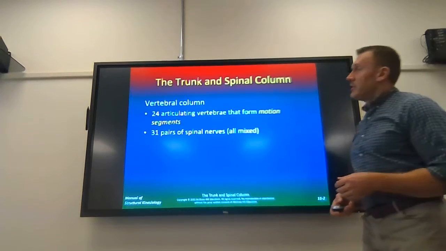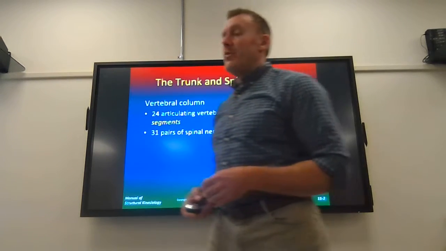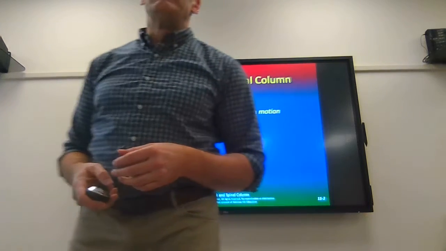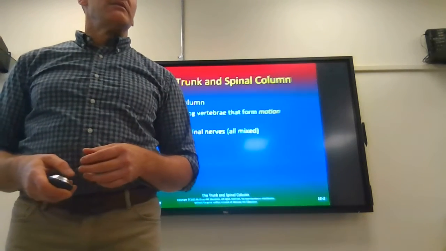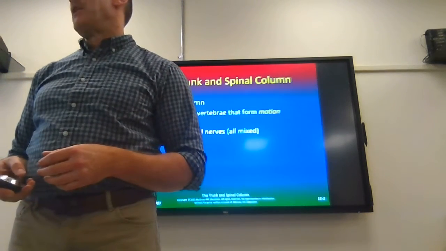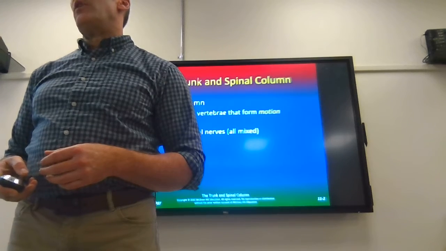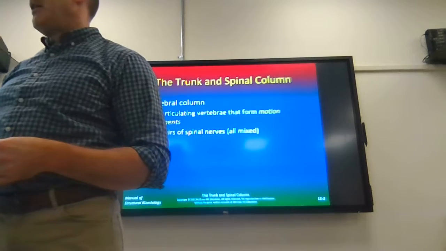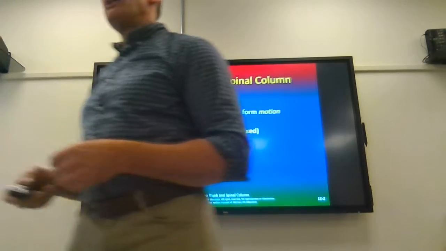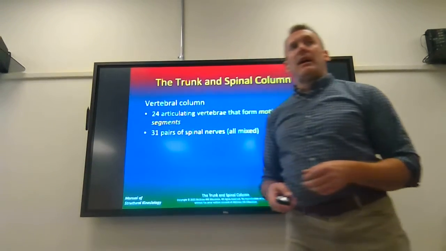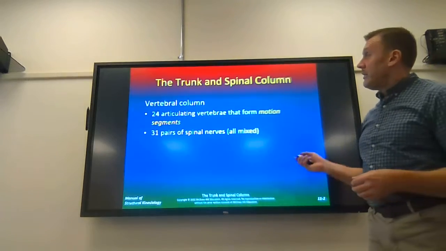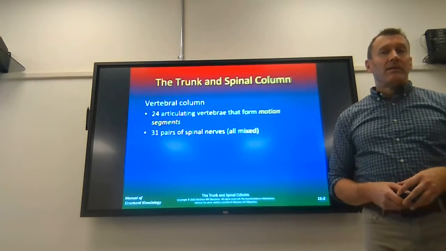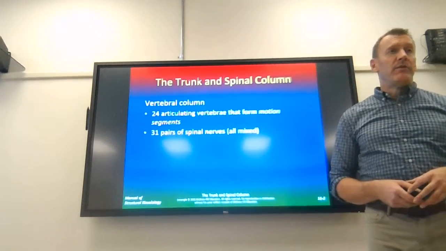So the vertebral column is made up of 24 movable vertebrae. These are motion segments. The vertebrae can move in all three planes of motion: sagittal, frontal, and transverse. We'll talk about joints that enable movement between vertebrae. We also have some non-movable vertebrae.